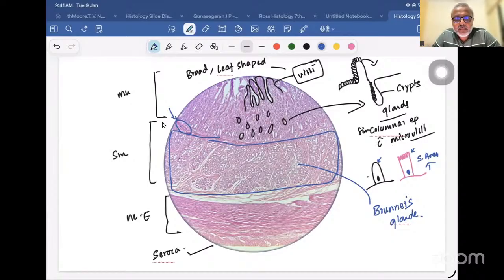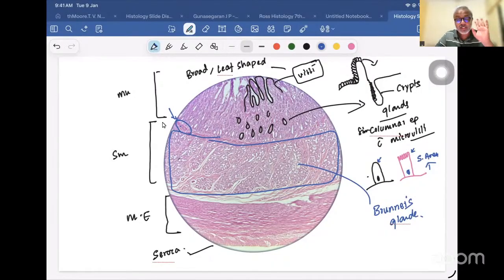These secrete mucus which will neutralize the acidity from the pylorus of the stomach, hence protecting your small intestine from the harmful effects of the hydrochloric acid secreted in the stomach. So the presence of submucosal glands of Brunner is the characteristic feature of duodenum. If you want to say the slide is duodenum, you must have Brunner's glands.